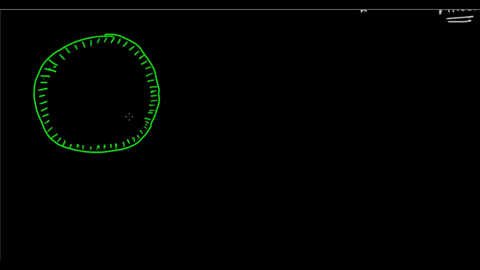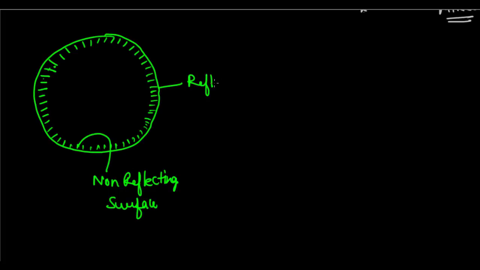Now you can see that there is a non-reflecting surface inside, and outside there is a well-reflecting surface. Again, here you can see the center of curvature, radius of curvature, everything. There is a center of the sphere, and there is a radius of the sphere, that is the radius of curvature.